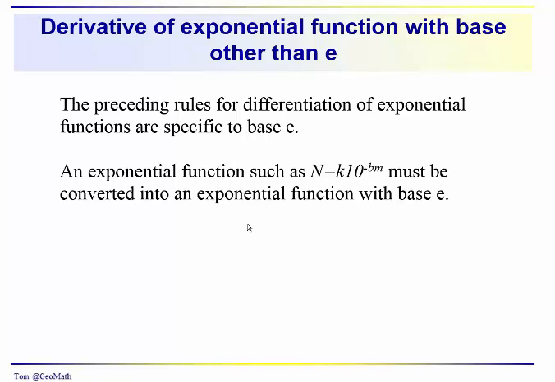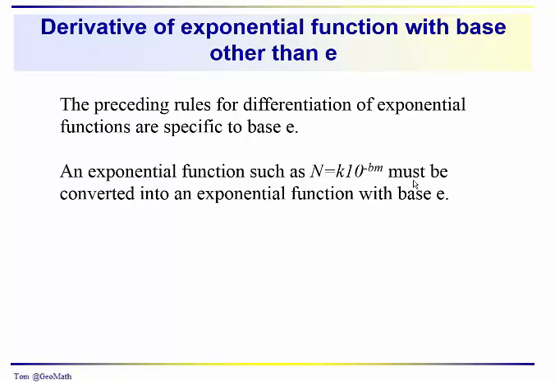These rules are specific to the base e. So if you have a function which incorporates another base, like this relationship here, which is a relationship between the number of earthquakes of magnitude m and greater, we have a base 10 relationship in here.